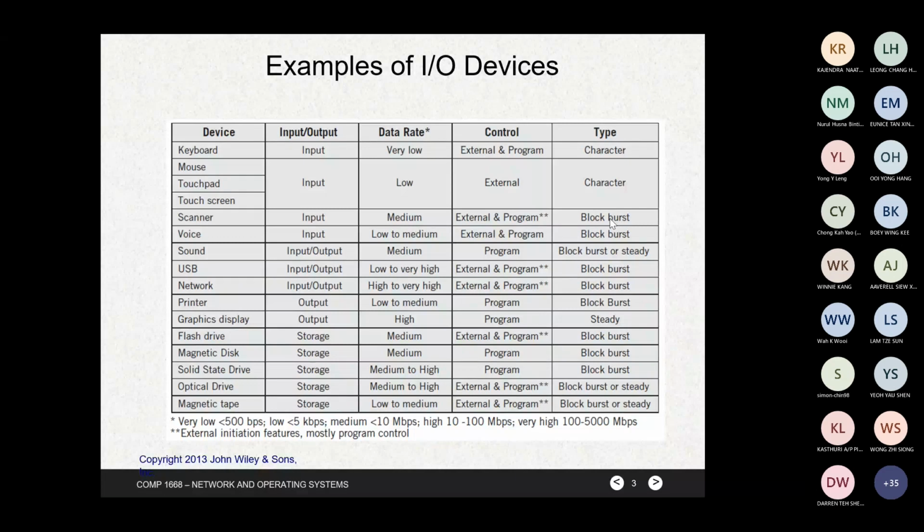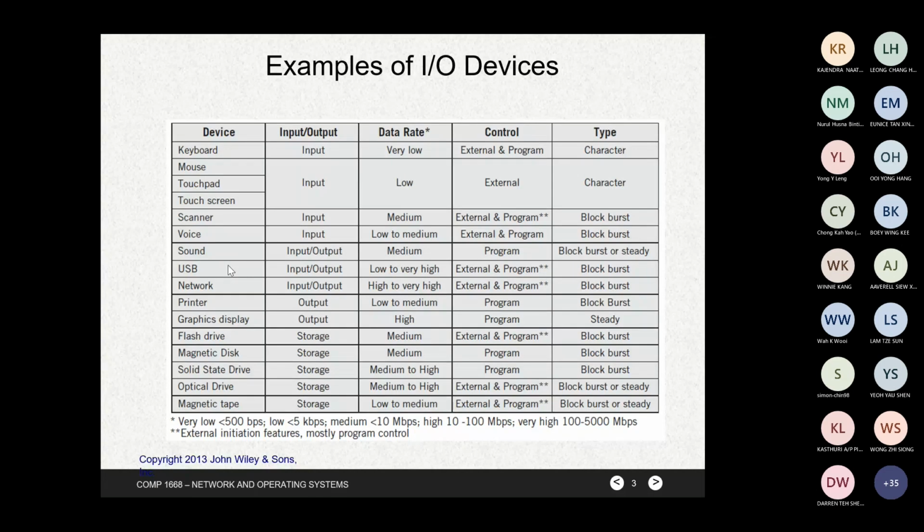Then we do have other devices which handle input and output, such as the sound recorder or speaker, basically, we call it a recorder. If you look at USB, we cannot consider USB as an input device, because USB, no doubt, takes in value, but it also stores value.